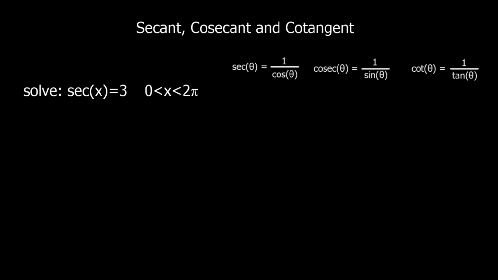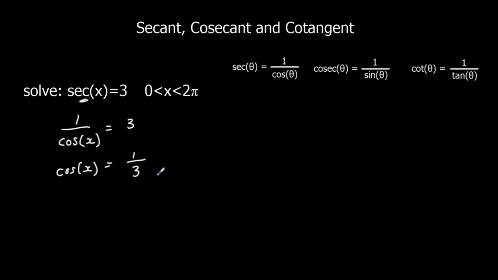Okay, solve sec x equals 3. So we're going to change sec to cos. So 1 over cos x equals 3. And then we can rearrange that to get cos x equals 1/3. So you could think about that as flipping over both sides, or multiplying by cos x and dividing by 3.